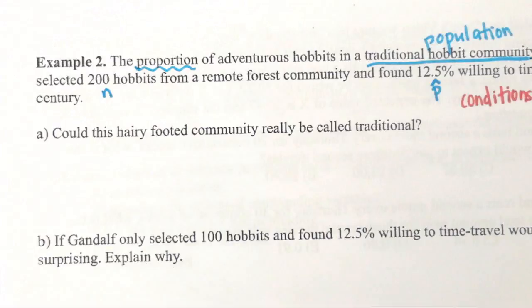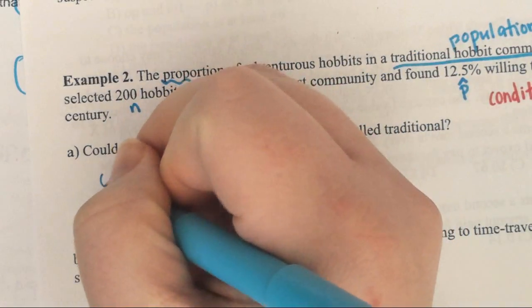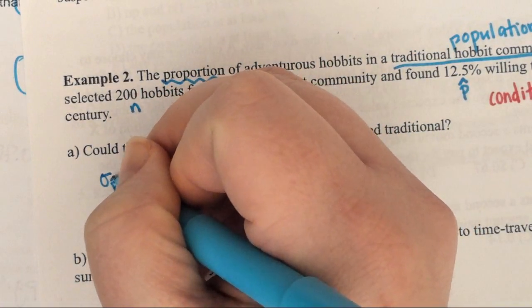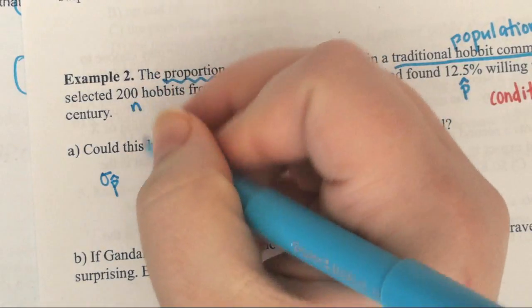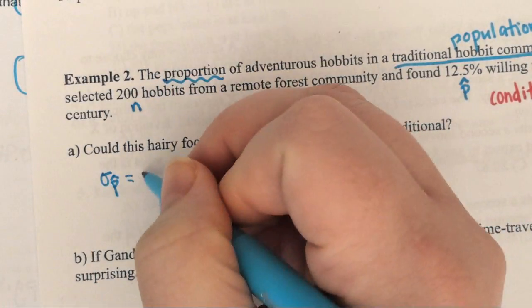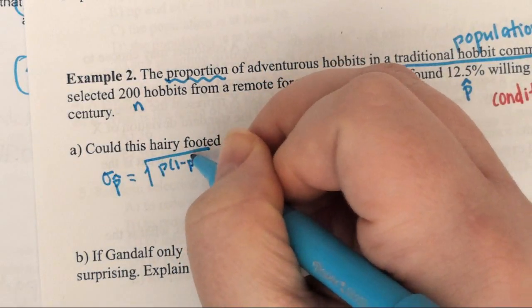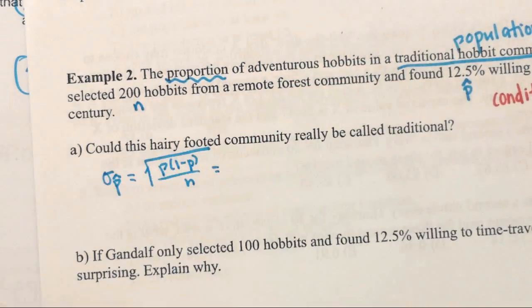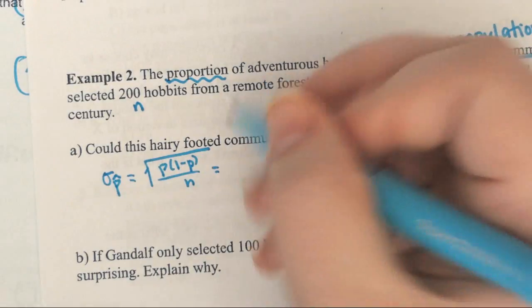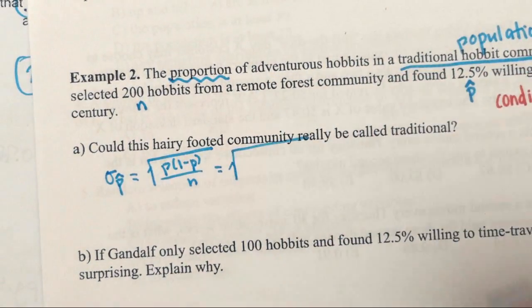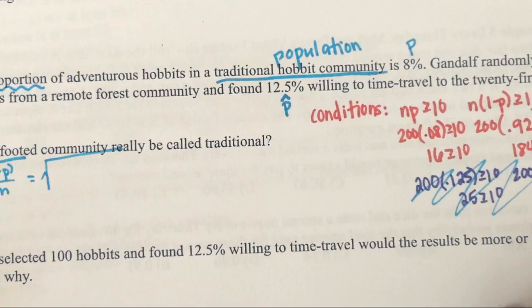Okay, so let's calculate the standard deviation. It's the square root of P times 1 minus P divided by N. For us, we decided that while the purple was great, it was a little overkill.